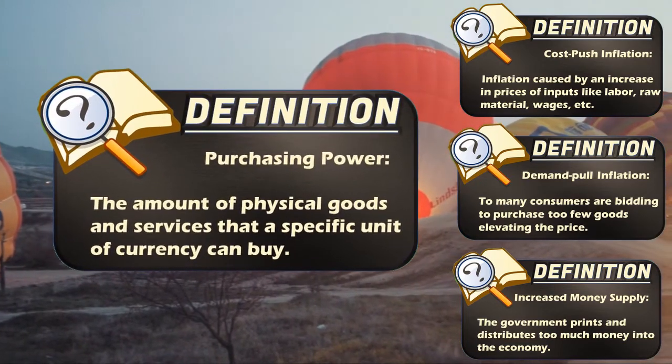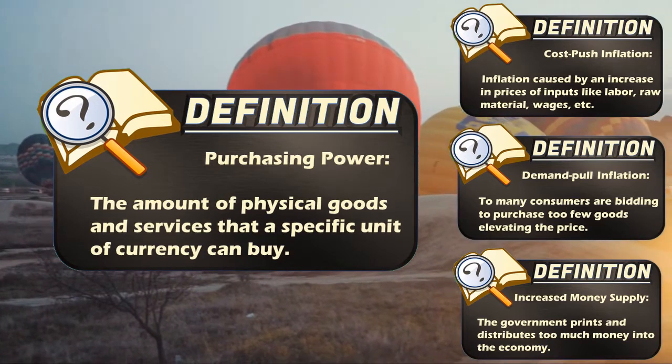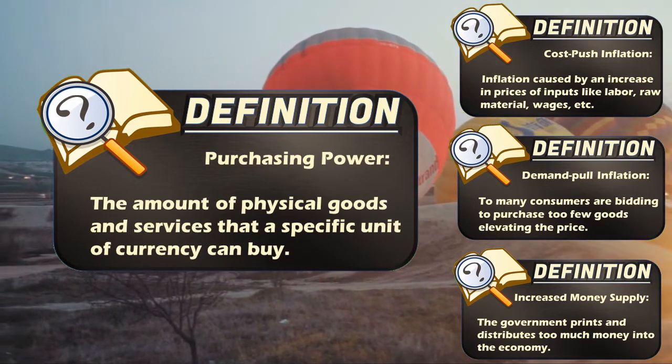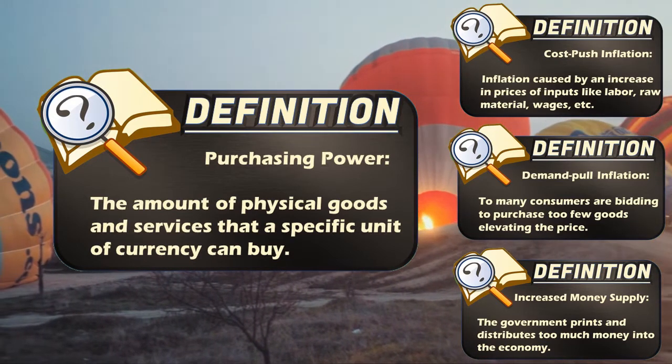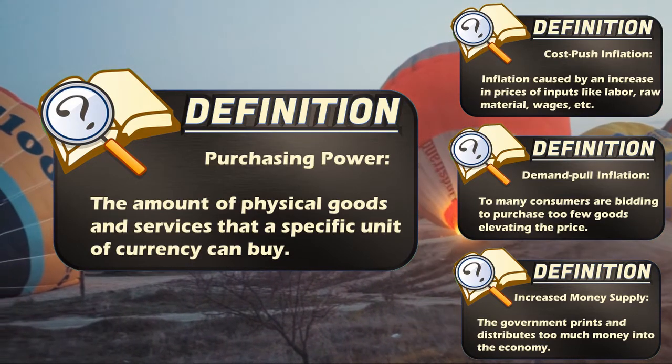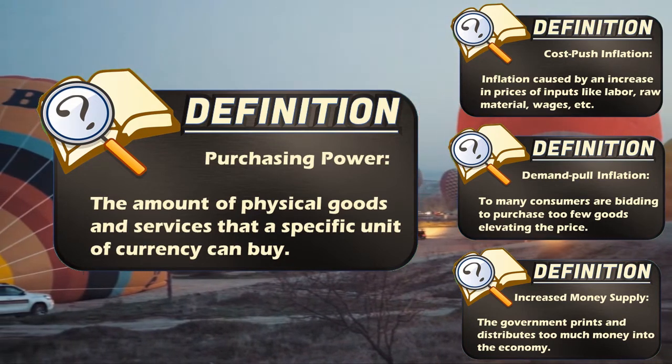That's what all these things add up to: the amount of physical goods and services that my single unit of money can buy. So I have a bunch of money. Perhaps today I can buy something. Tomorrow I might not be able to buy the same thing.